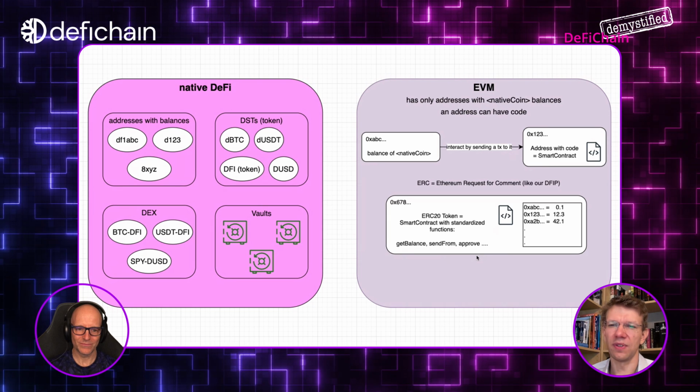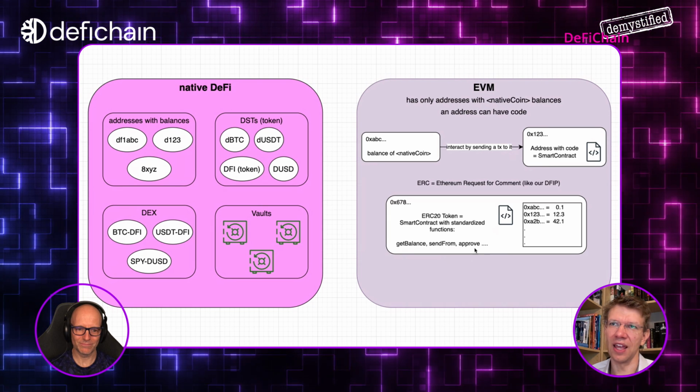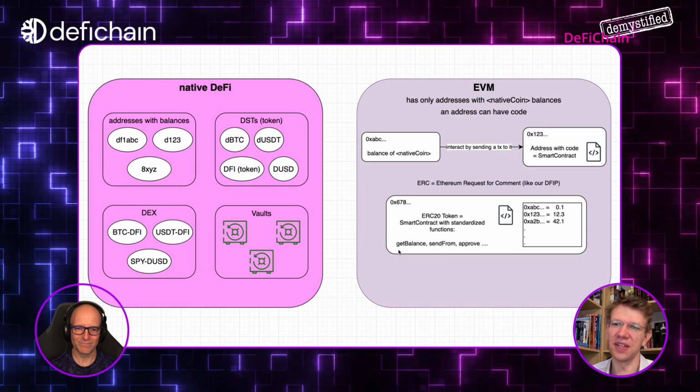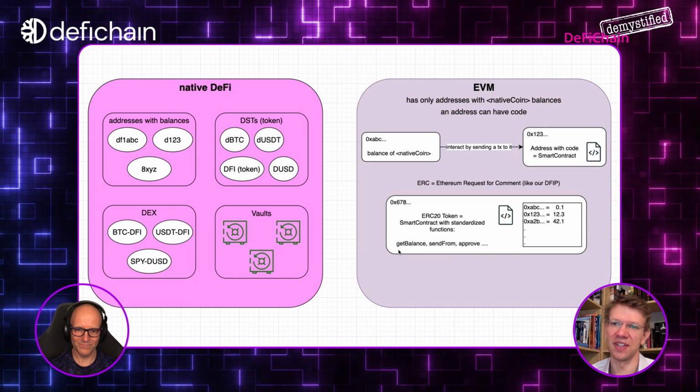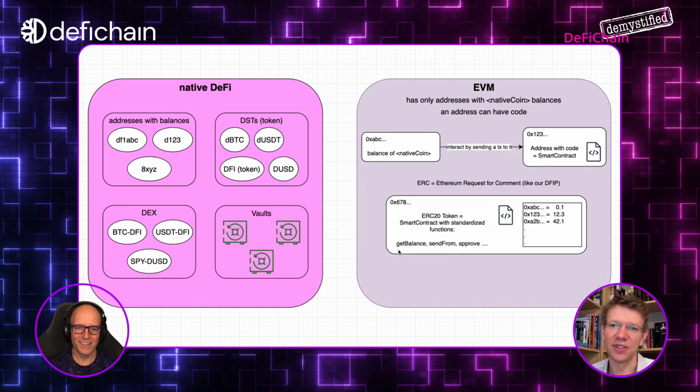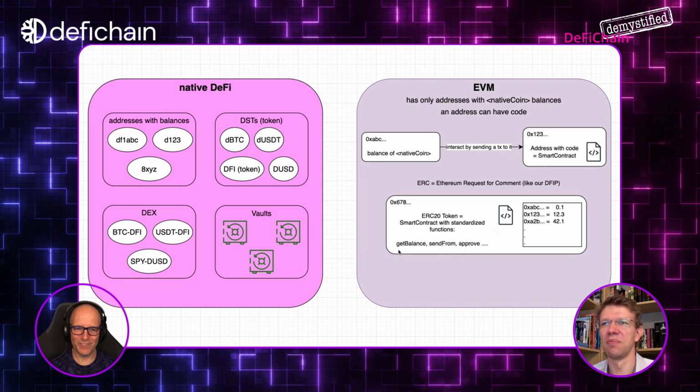I don't know if the ordinal tokens have an interface like that, so there it wouldn't make that much sense to say it's based on ERC20. So there is no deeper meaning to the 20.